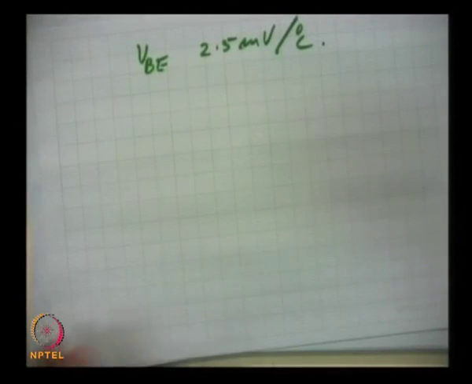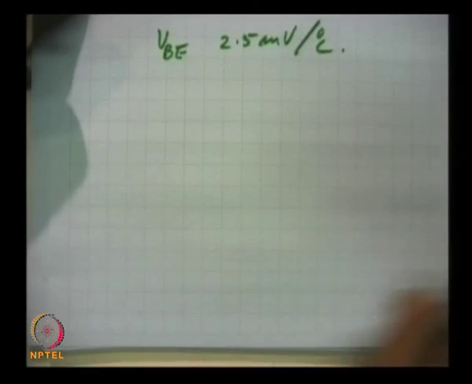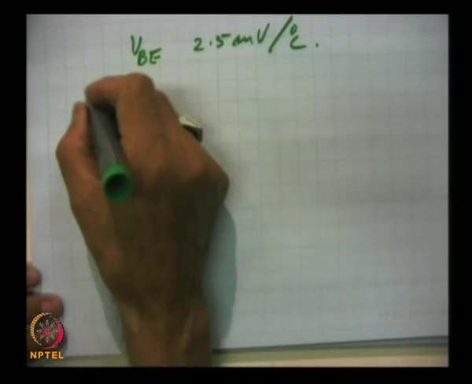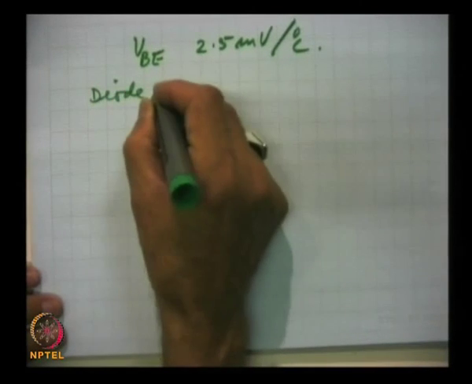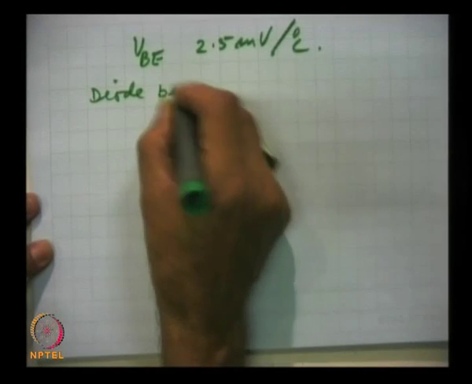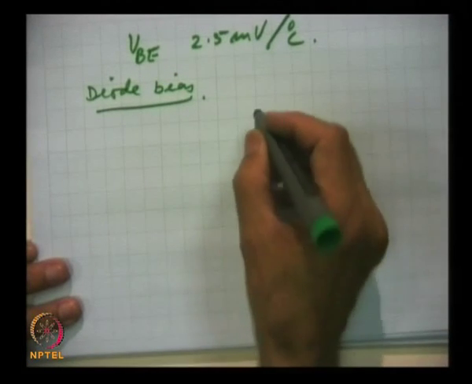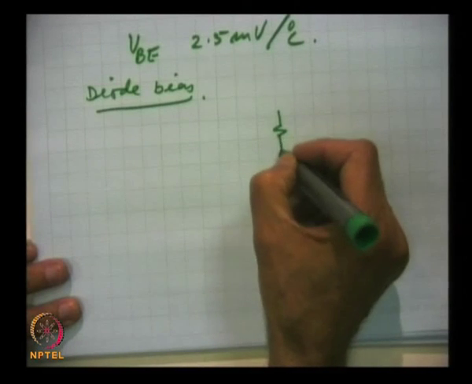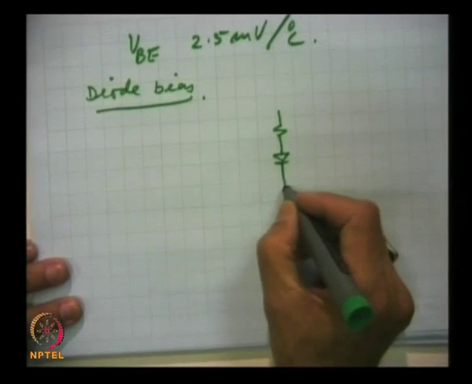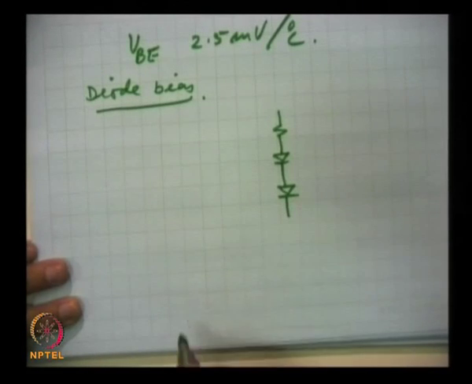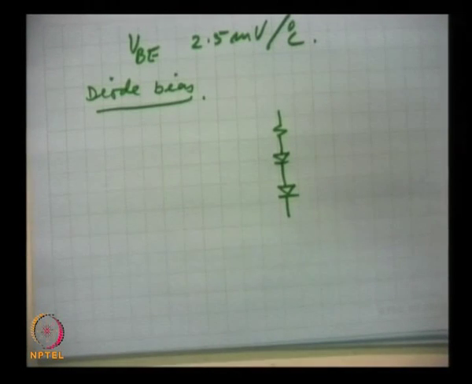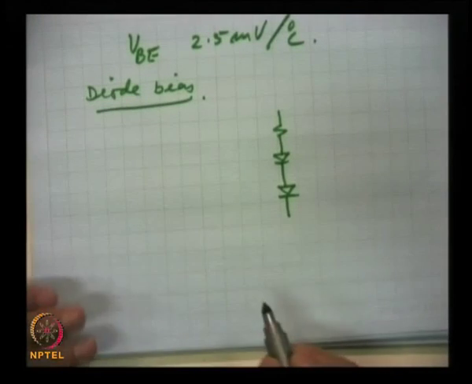Therefore, many times the resistance R2 is replaced by a diode, and then we have what is called diode bias. The characteristics of this diode are the same as the characteristics of the emitter-base junction of the two transistors.